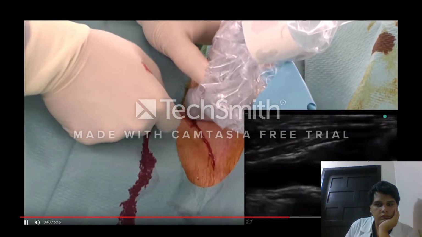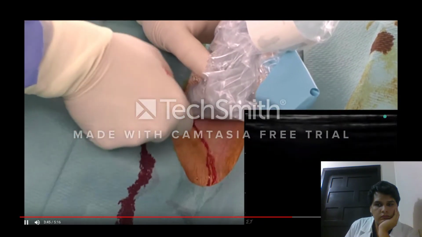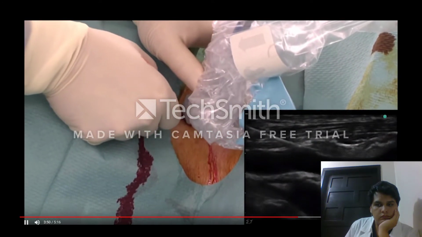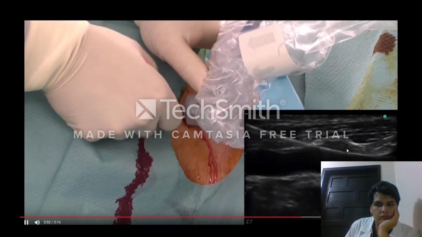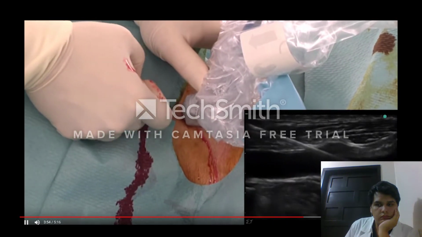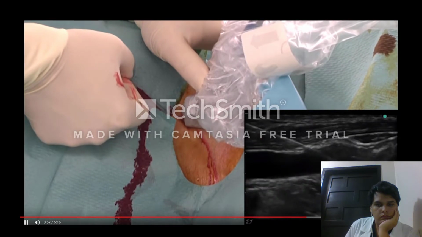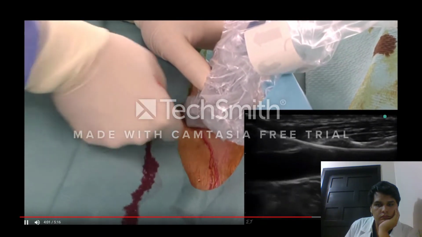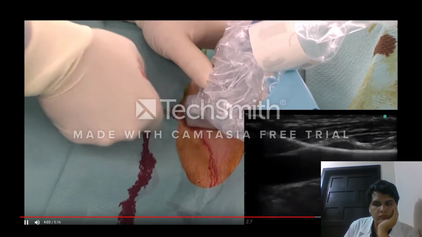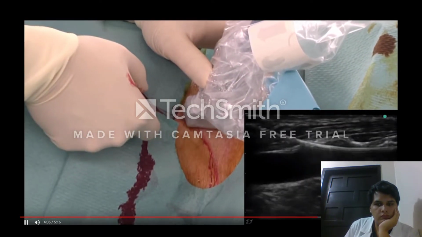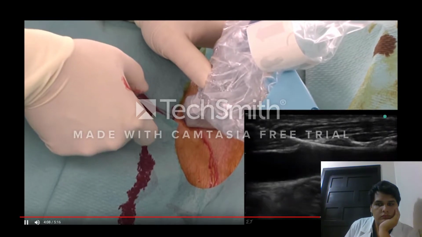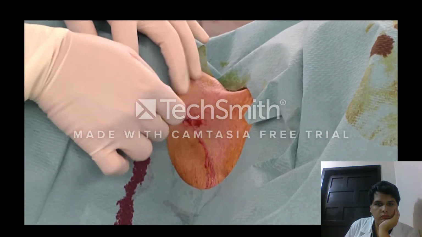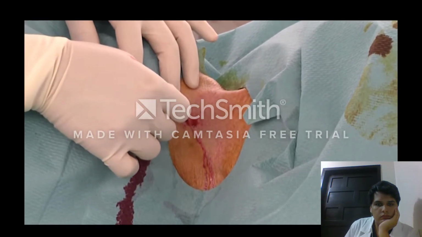If resistance is encountered again, locate the wire on the long axis and withdraw it until the J-tip is identified, which is when a new insertion attempt can be made. In this case, this attempt was successful. Once the guide wire is inserted, continue with the Seldinger technique for catheter insertion.